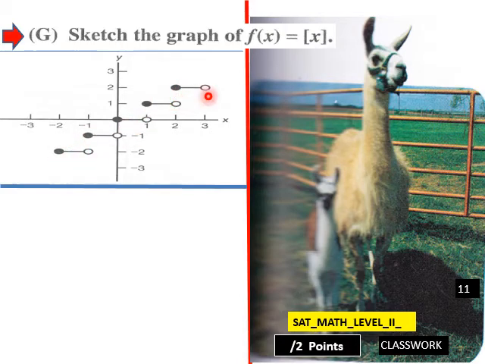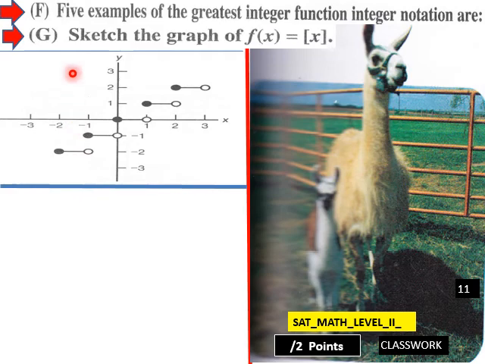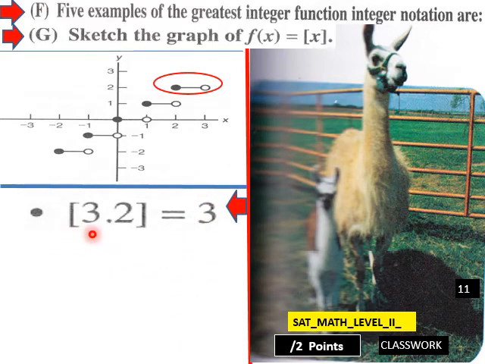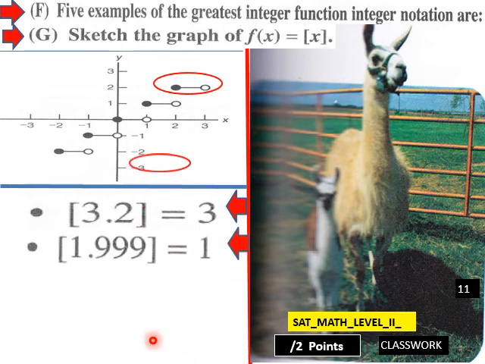So we always revert back here to our greatest integer function. Examples of the greatest integer function notation are, so for 3.2, it should be about here. We would revert back to 3 for that, which would be about there. And then for 1.99, we revert back to 1 for that one.